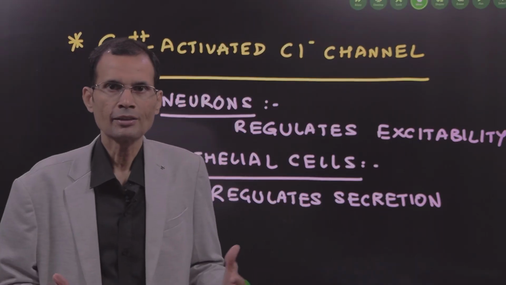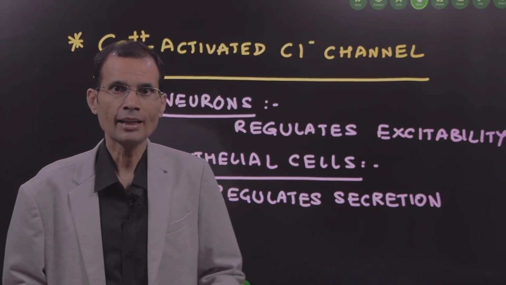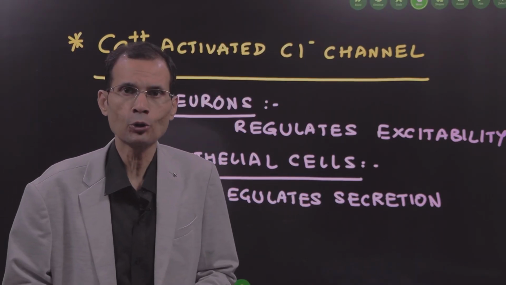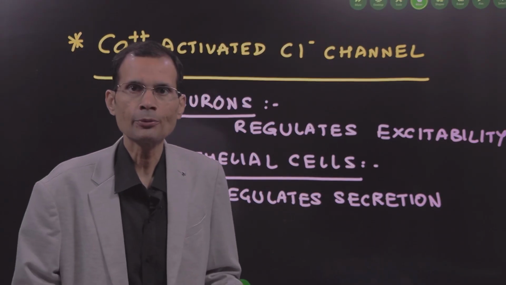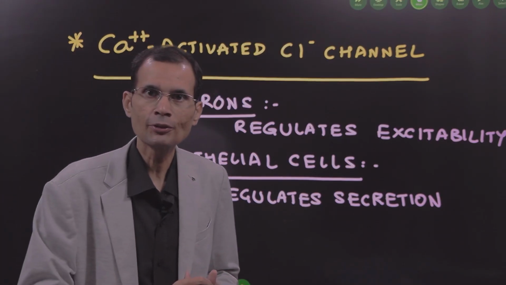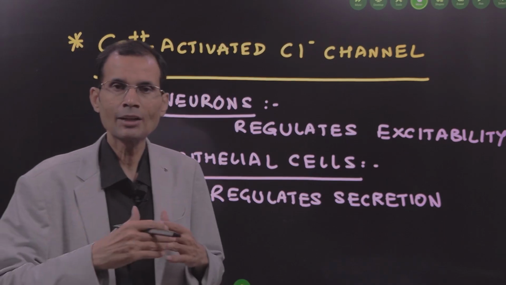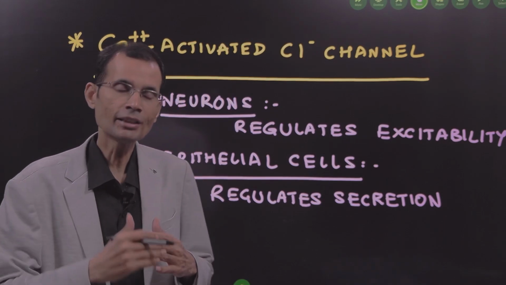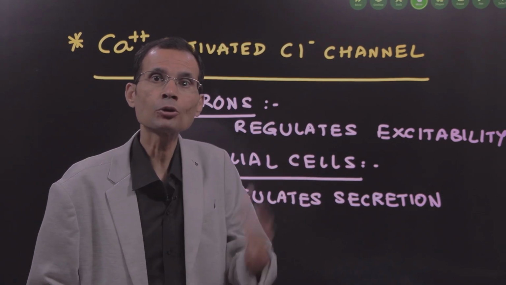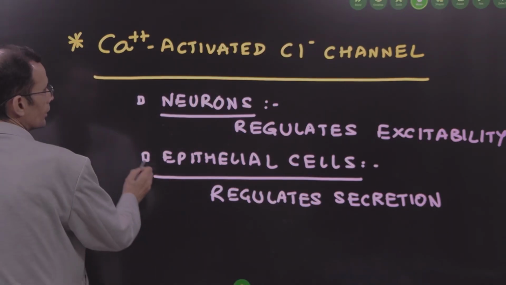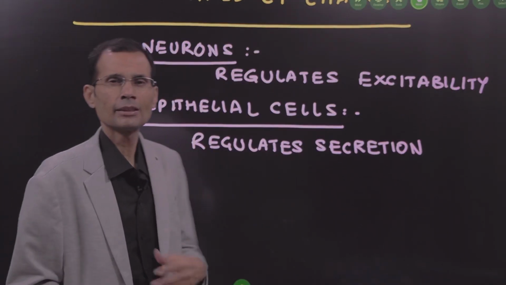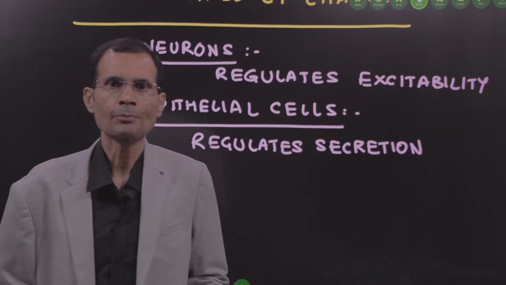In a similar way, just as the potassium channel gets activated, there are certain chloride channels which are also calcium activated. So calcium influx will occur, and when its level increases intracellularly, it activates the chloride channel instead. This is seen in the neurons, and it serves the same function.